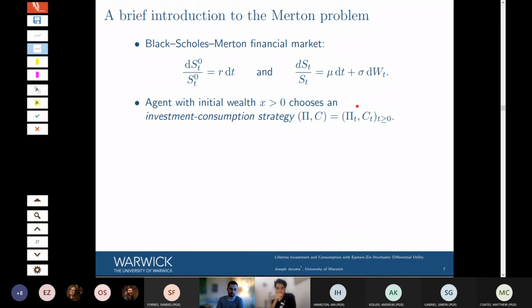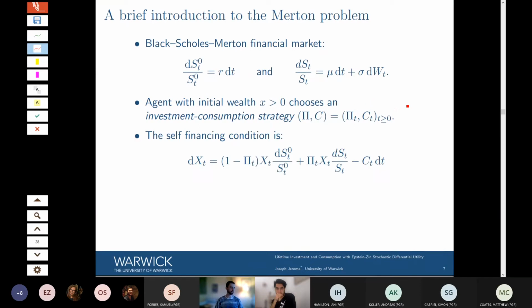So pi t is the amount that the agent invests in the risky asset as a proportion of their wealth at time t, and c t is going to be the rate of consumption at time t. The self-financing condition is the following: we invest 1 minus pi times our wealth in the riskless asset, we invest pi times our wealth in the risky asset, and we consume at a rate c t.